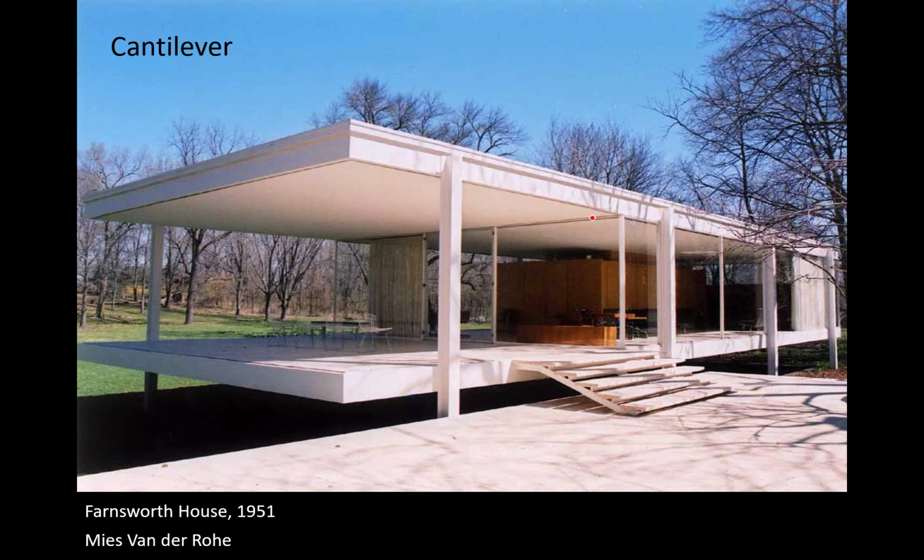A cantilever is a similar idea. That's why corbel and cantilever are part of the same system. You can see this part of the roof here is not being supported. Here's a traditional post or column. Here's another post or column, and this part of the roof serves like a beam to span from vertical support to vertical support.